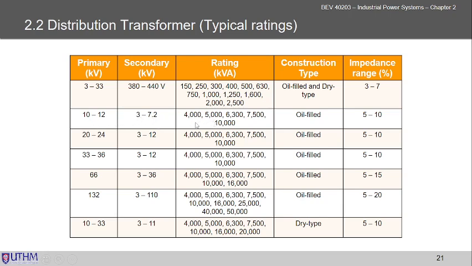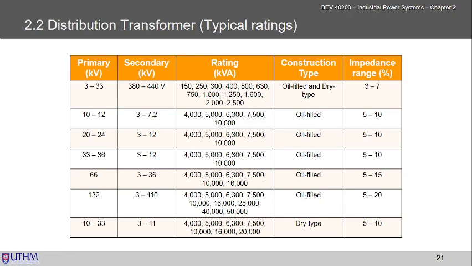Another thing you need to consider is the rating, that means the kVA. This is the capacity or the size of the transformer, the only available sizes for these kV ratings. And the construction type is the oil type. Then this is the impedance, the percentage Z, the impedance range.